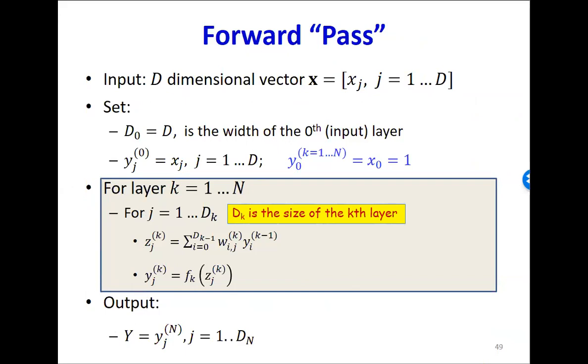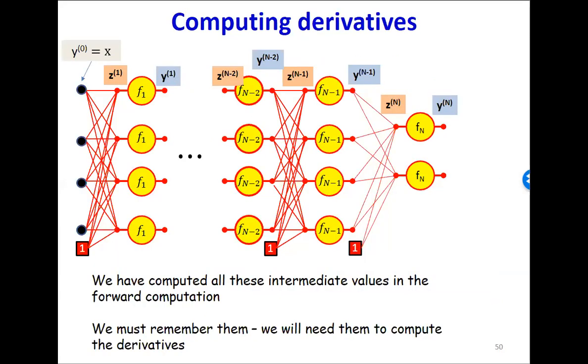The final output of the network is going to be the output of the neurons in the final layer of the net. So we've gone through the neural network left to right, and in the process, we have computed every single intermediate value in the network: all of these z's and all of these y's for every neuron in every layer.